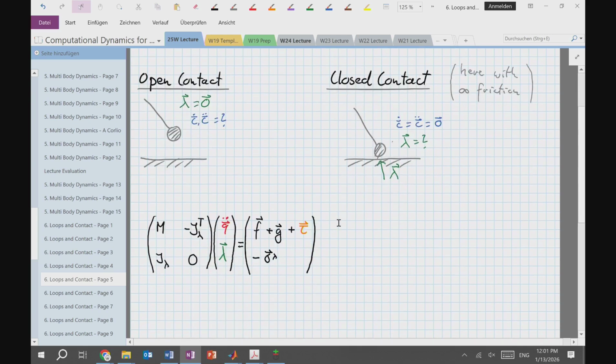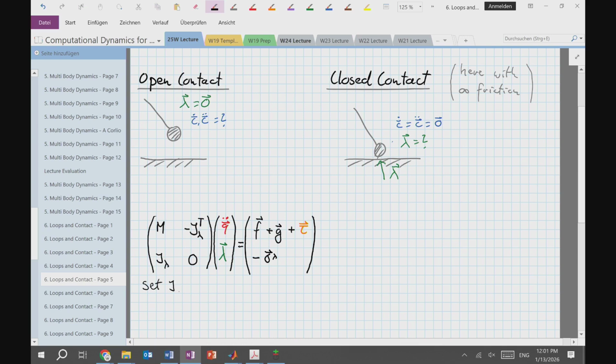The way we're gonna compute this is through this equation, and by basically just picking the rows of our Jacobian J lambda that correspond to active constraints. This is what I just showed you in the implementation.